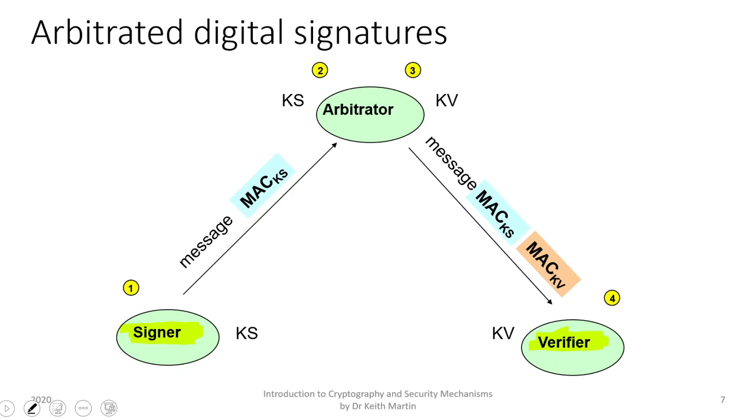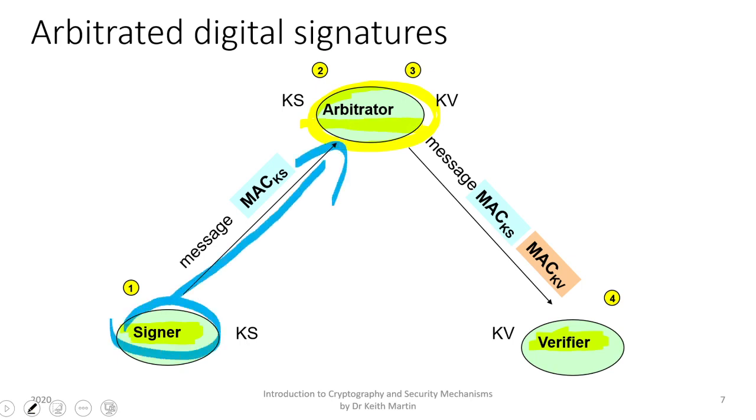But in addition to these two parties, we are going to have another third party known as an arbiter. The arbiter serves as an intermediary, and first the message sent from the signer will go to the arbiter, and the arbiter can do some initial verifications and then further pass it on to the verifier or the receiver.